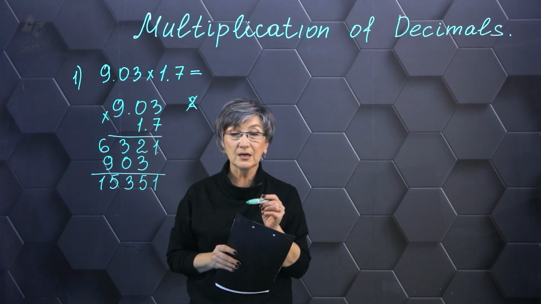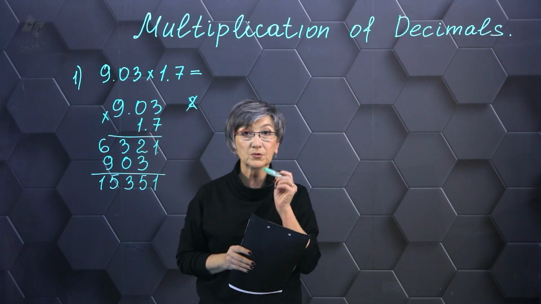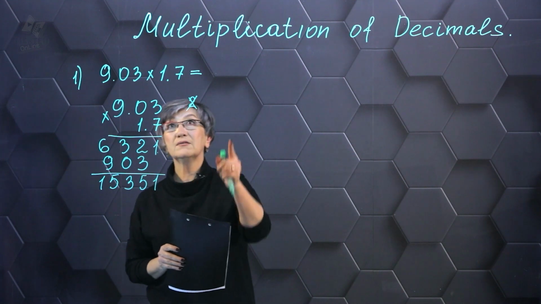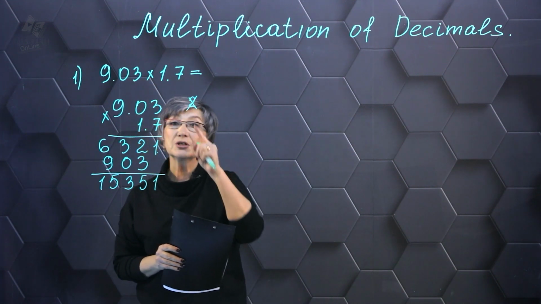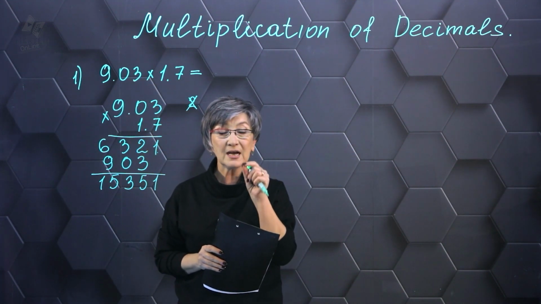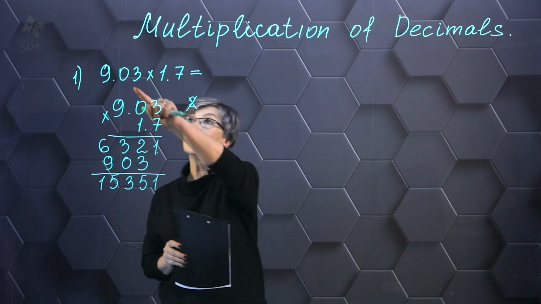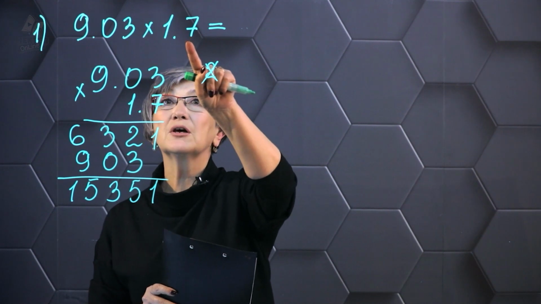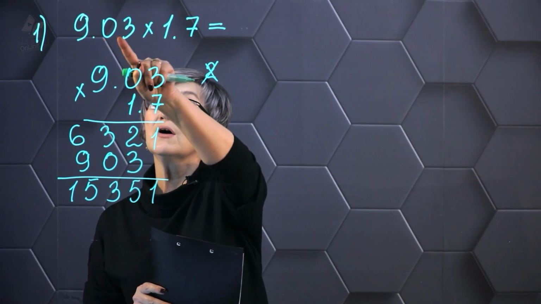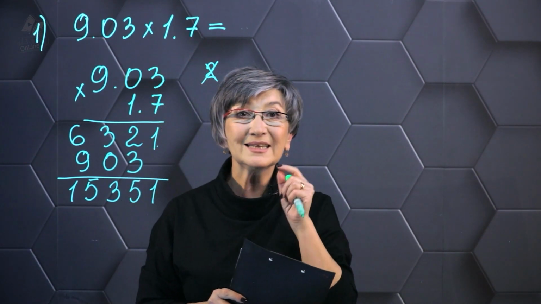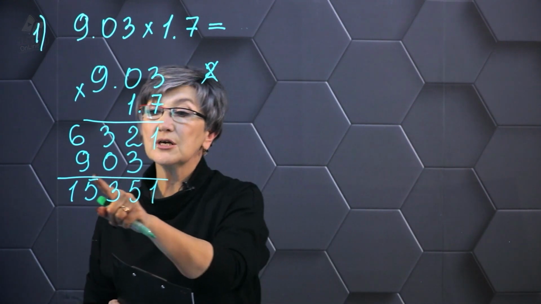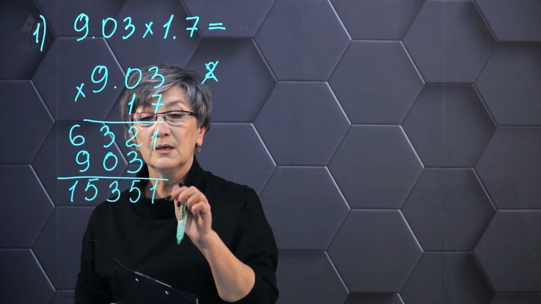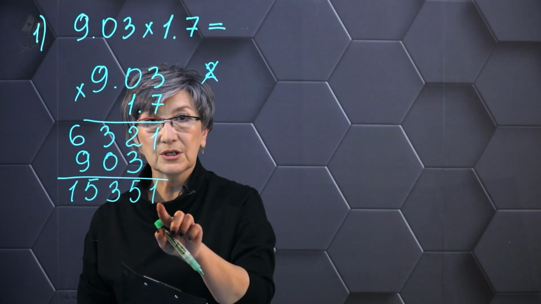Next, the last step I have to take in order to get the correct answer. I go back to my example and count the number of digits after the dot. There are 2 digits in the first number, and 1 digit in the second number. 2 digits and 1 more digit, that's 3 digits. I go back to my answer and start counting from the right side.